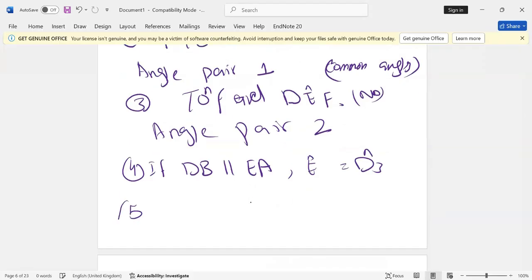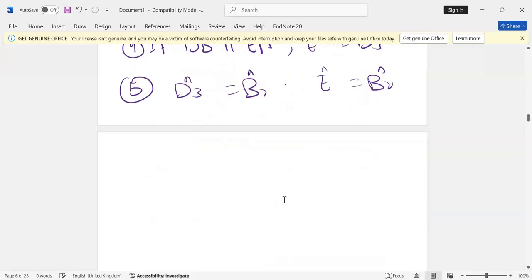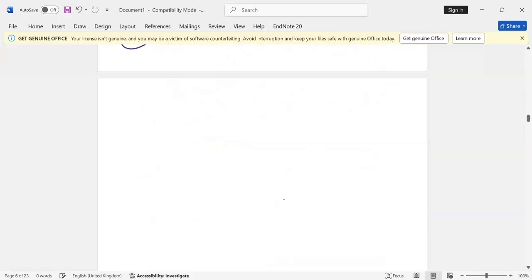So the fifth point is that D3 equals B2. So we say that E equals B2, okay? So using the result of 10.4, the sixth point is TOF and DEF.